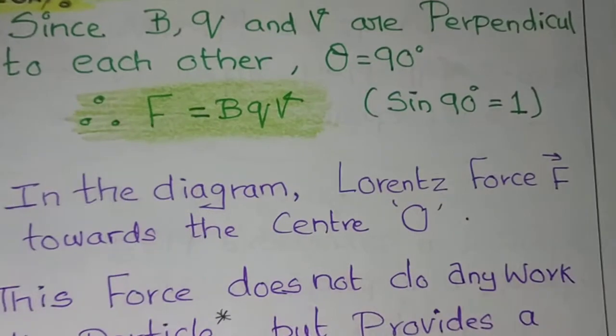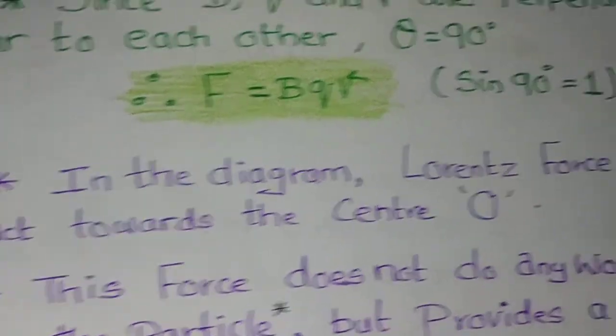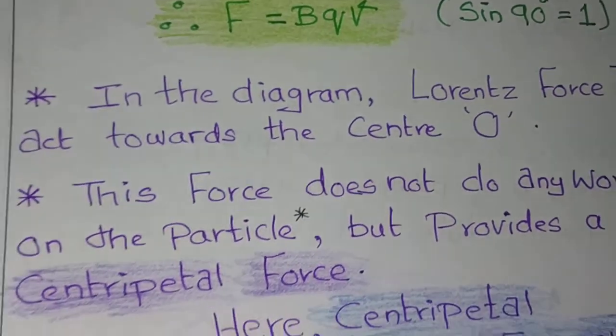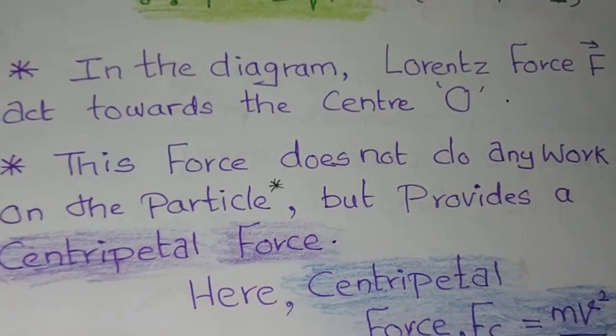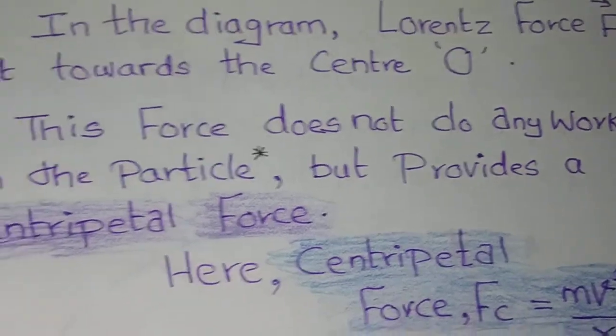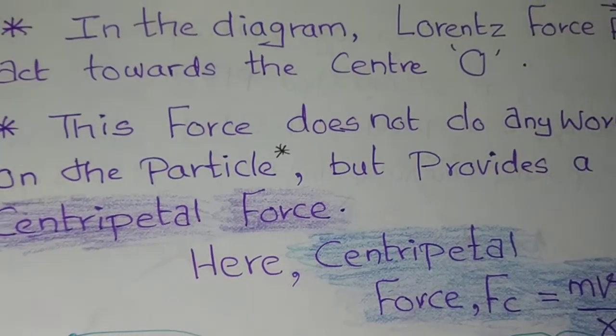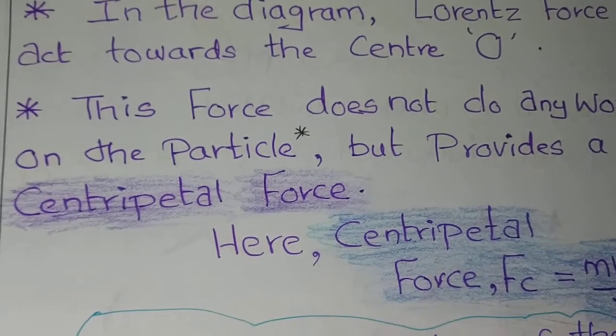Now in the diagram, the Lorentz force F vector acts towards the center O. This force does not do any work on the charged particle. Instead, it provides a centripetal force.